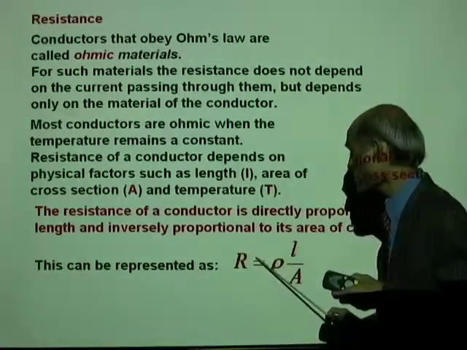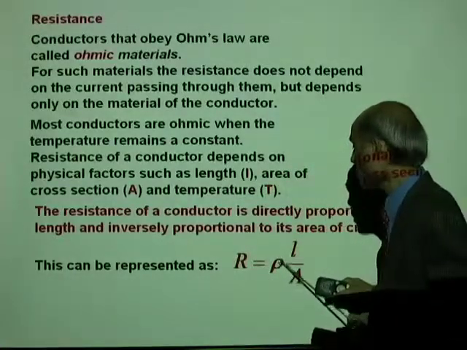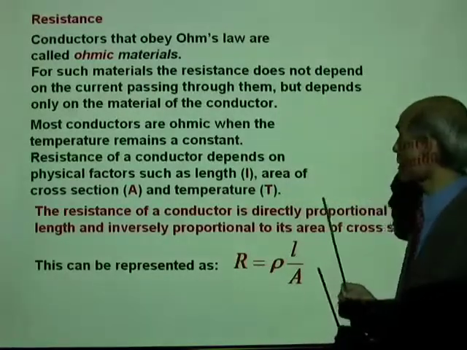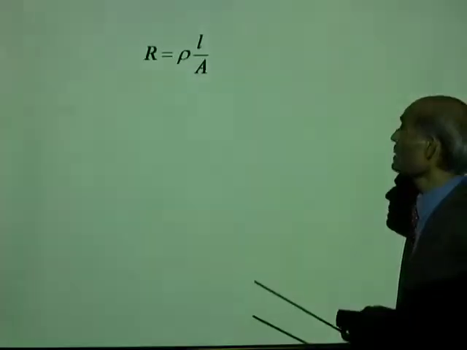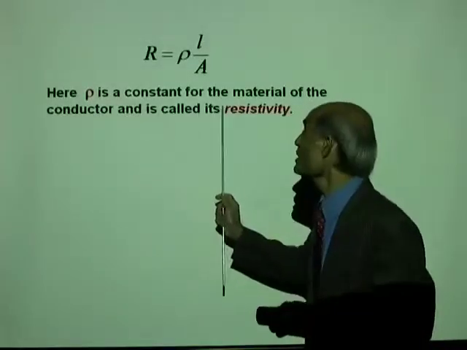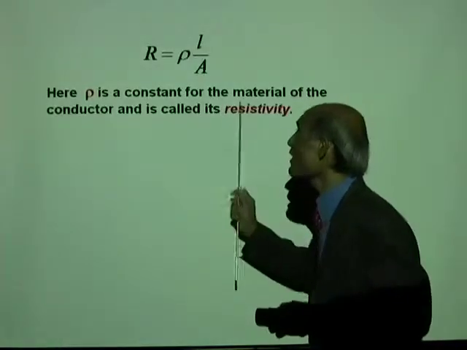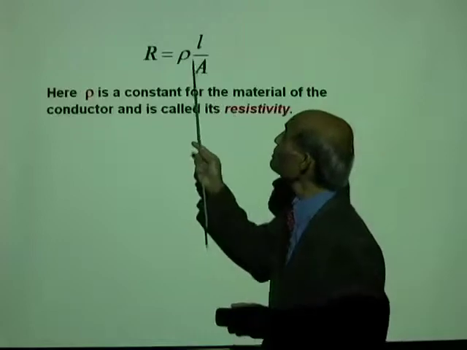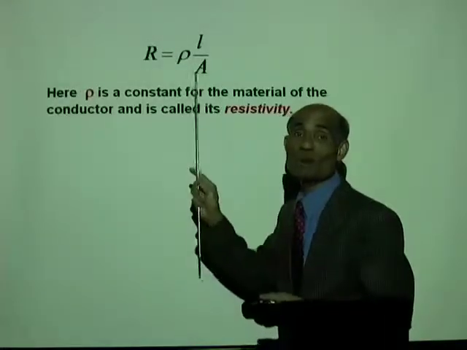Resistance of a conductor equals a constant times length divided by the area of cross-section, R = ρL/A, where rho is a constant called the resistivity of the material. Can you tell me the unit of measuring rho?